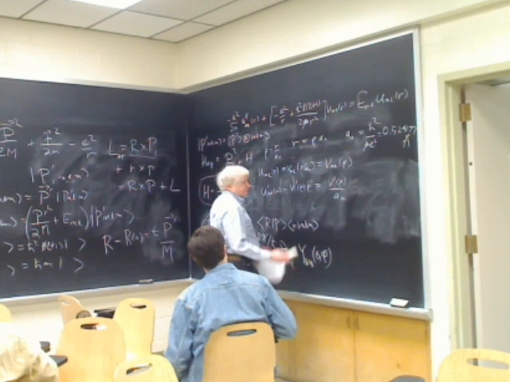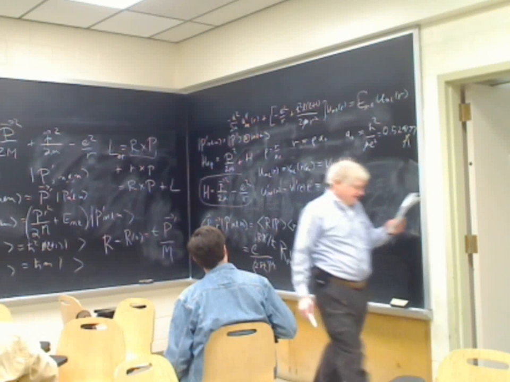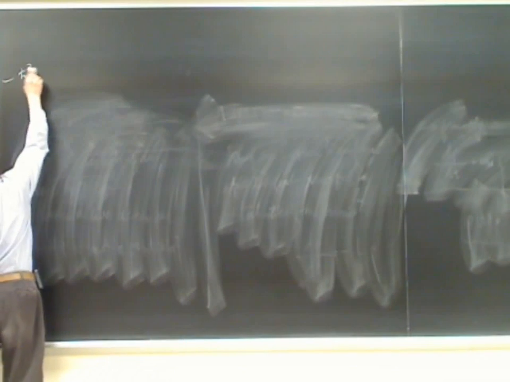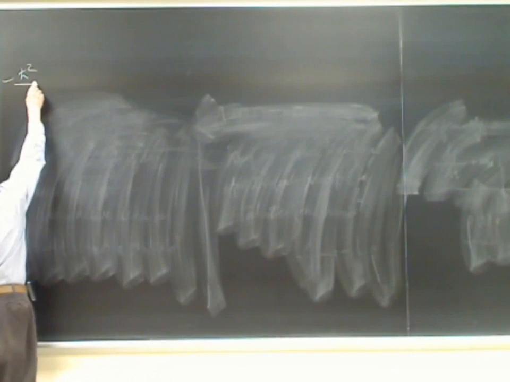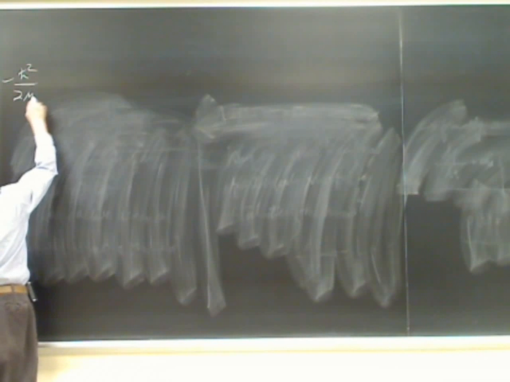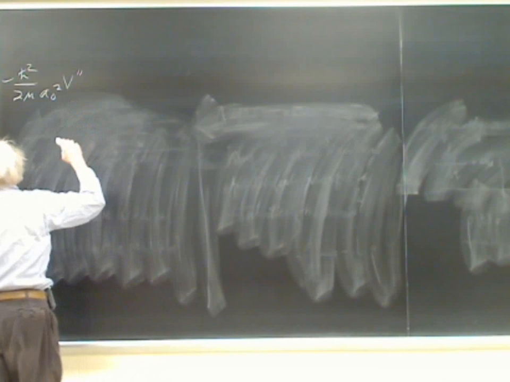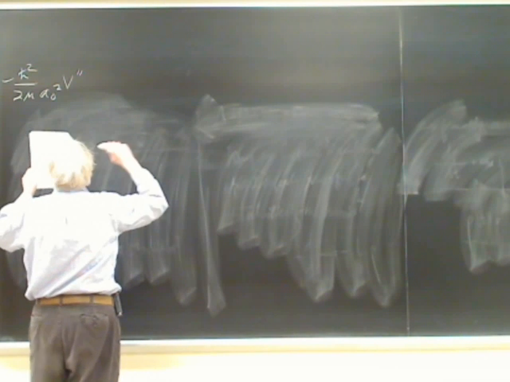And then, well, let me go over here and give you the whole shtick. It's minus h bar squared over 2 mu a0 squared v double prime. Let me leave off the subscripts on the v.